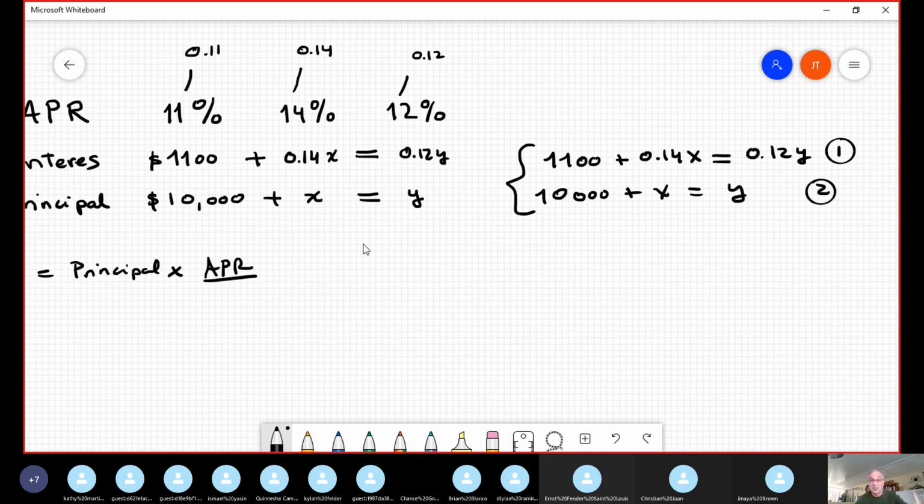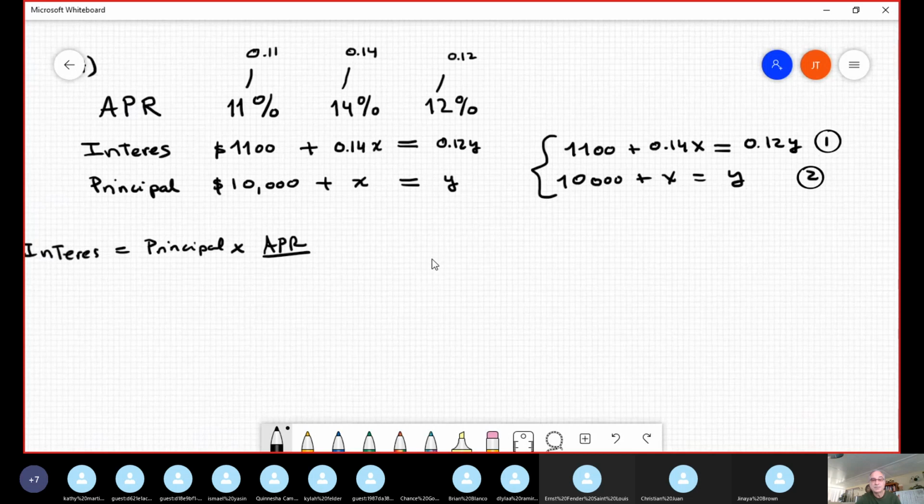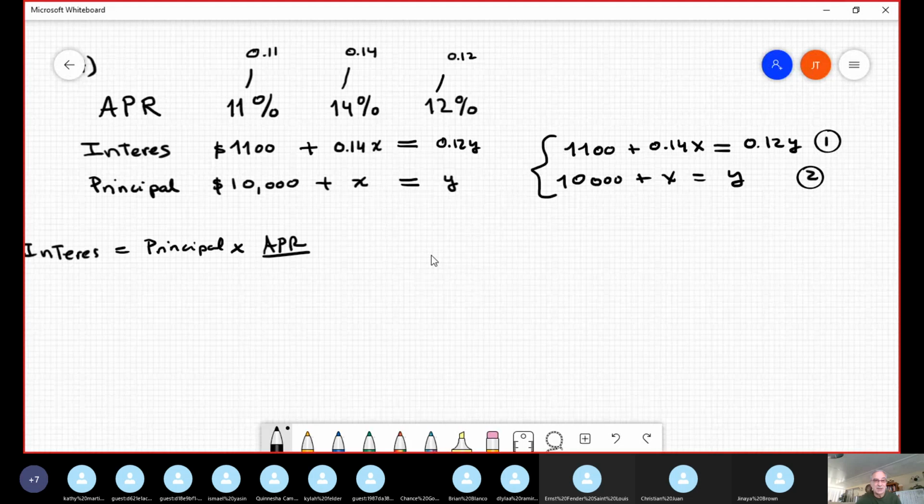Because we have another problem in which you solve it. You create the table, you understand the problem, and you set up the equation. That's it. And it is always relatively easy, using this formula, interest equals principal times APR, or another formula that you can see in the pretest. It's no big deal. Do you understand or no?